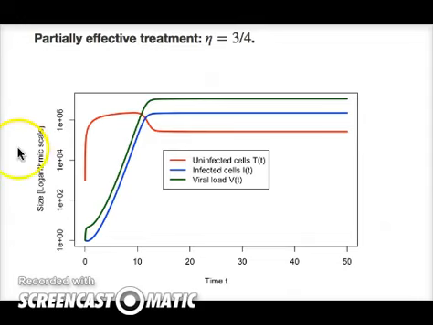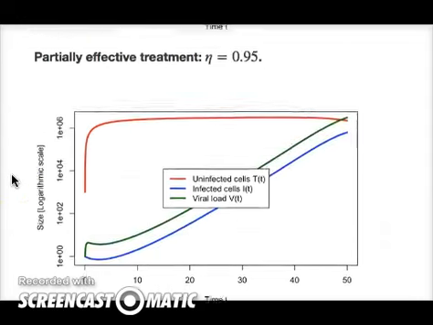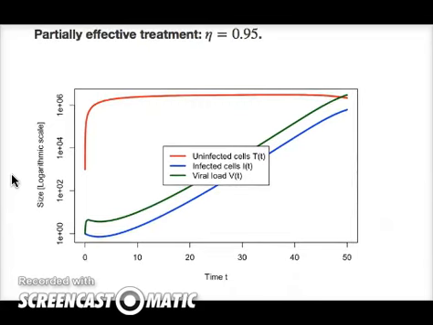But what happens if now that parameter takes a value of like 0.95? And so you observe everything, the only thing that we are changing on these simulations is the value of eta. Everything else, the number of time points, the initial conditions, and all the other parameter values are fixed at the same values.